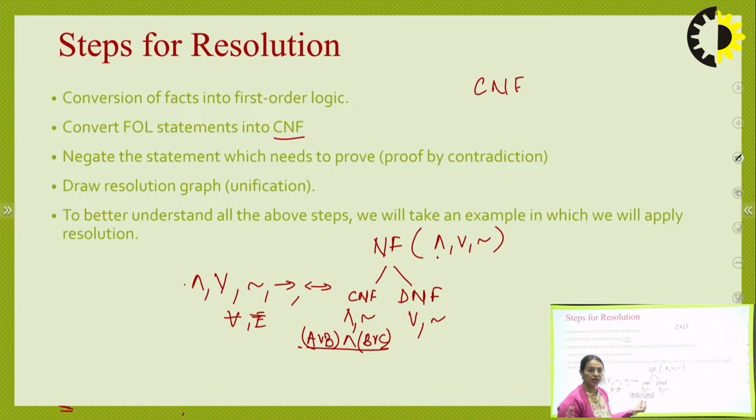The main connector will be this one, and it could have negation in it. The negation could be placed over here or with this B. So there are two possibilities to keep in mind: in the CNF form the AND connector will be in between, and when I'm talking about DNF, the OR connector will be in between that form.